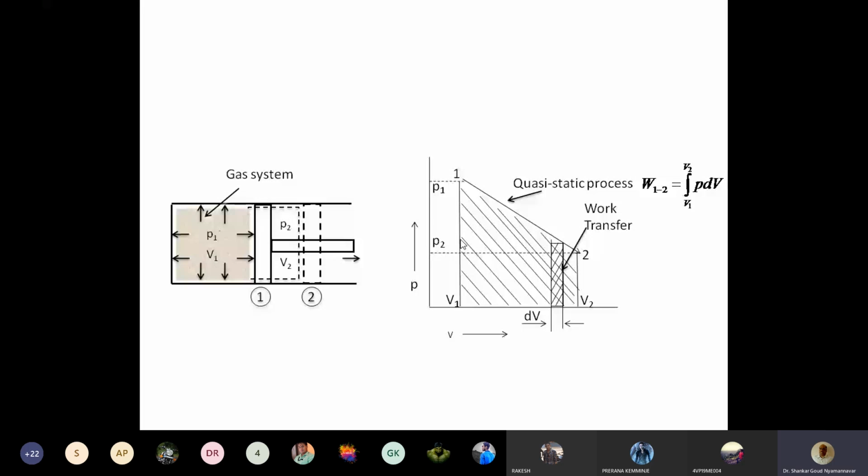Just check, I'm getting 24. Others, please check it. 0.036 into bracket 1.5 minus 0.15, divided by 2, into 24.3.